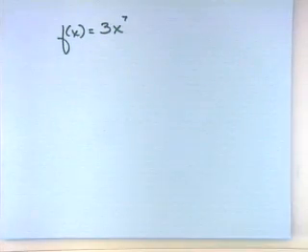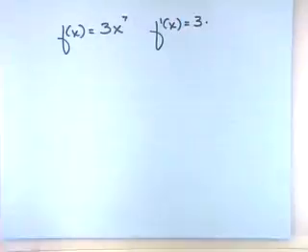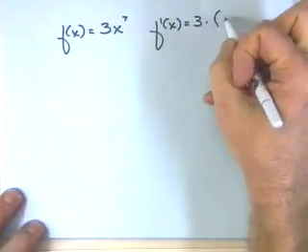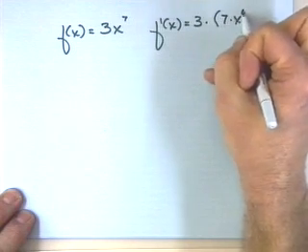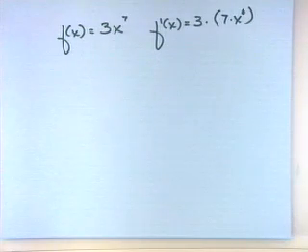Basically, what we would like to do, we are in fact able to do. You bring that lead coefficient along for the ride. So the derivative is going to be 3, so we just bring the lead coefficient along, times the derivative of x to the 7th, which we already found to be 7 times x to the 6th.